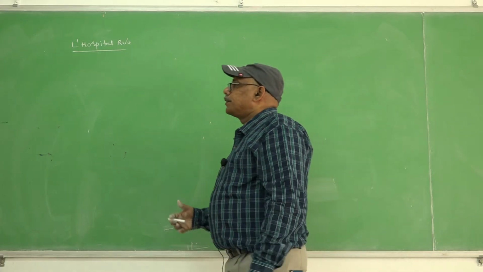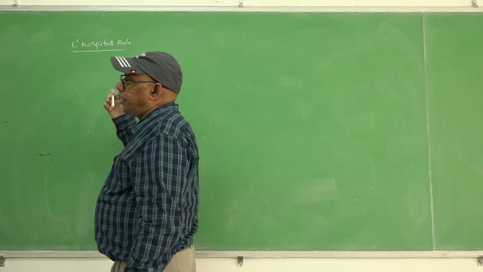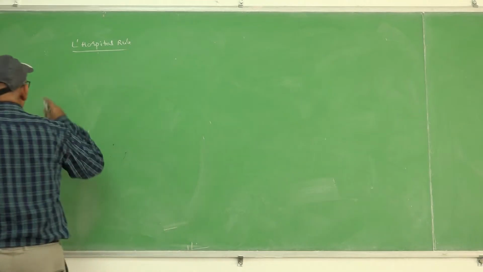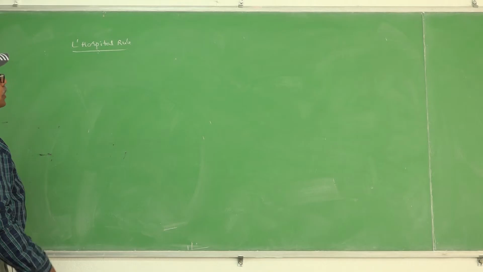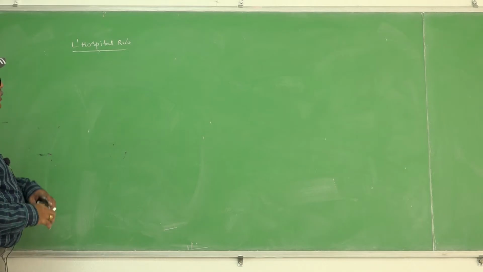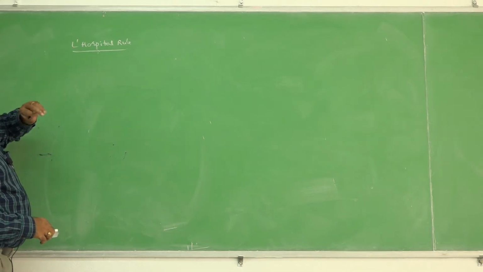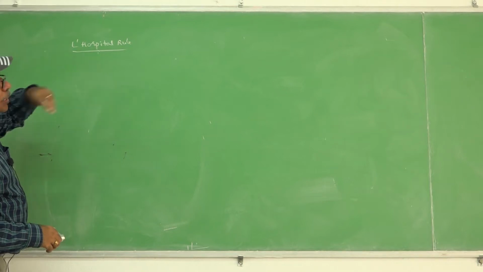What kinds of limits can we evaluate with the help of the derivative? That is the point. The related concept is L'Hospital's rule. L'Hospital is the mathematician's name, and based on that name, the rule is named here.